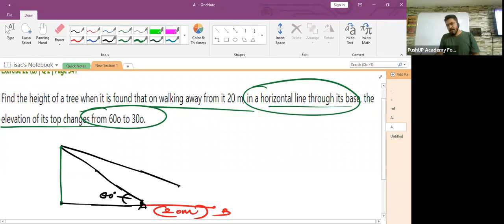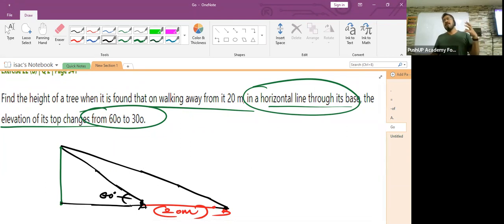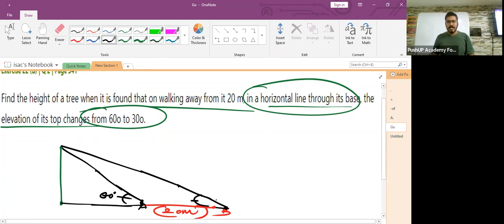As you know, when you move away from the object, the angle of elevation decreases. That is why initially it was 60 degrees and it got reduced to 30 degrees.